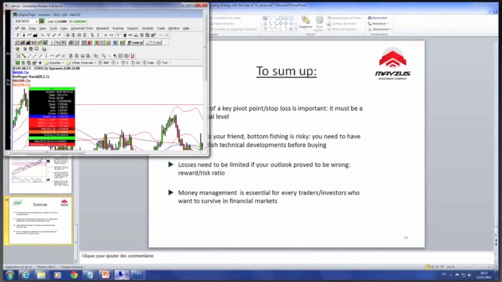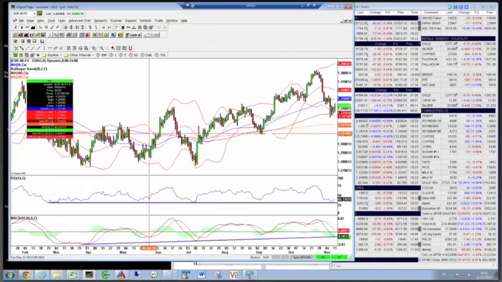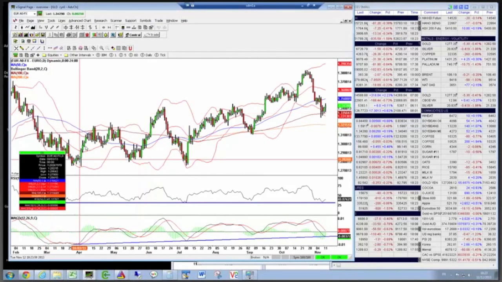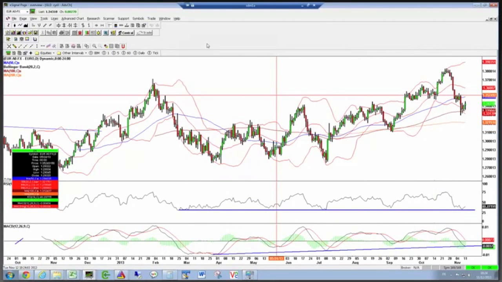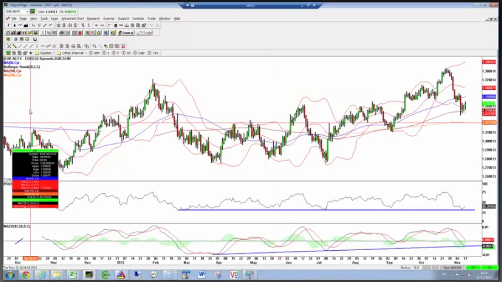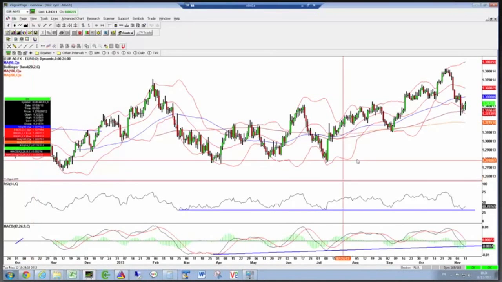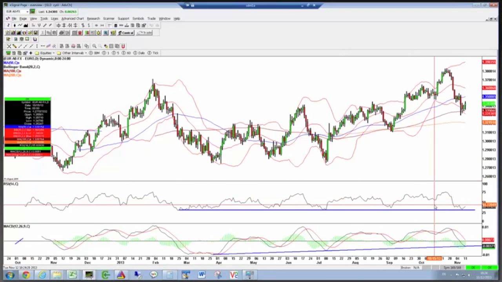So the first one I wanted to show you is the euro-dollar. For now, despite the current consolidation, we still have several positive arguments. For example, the daily RSI is approaching a key support area, which is set around 30.